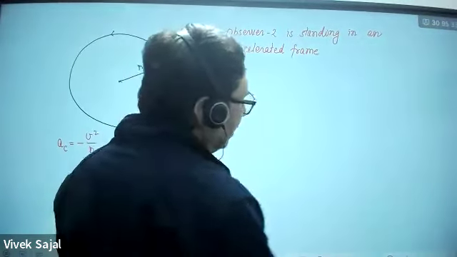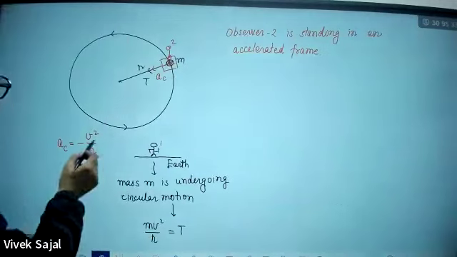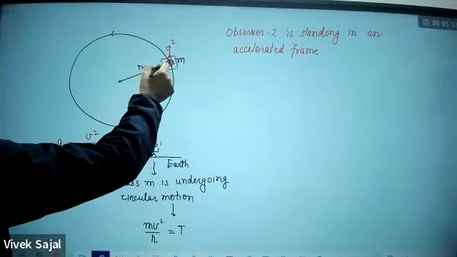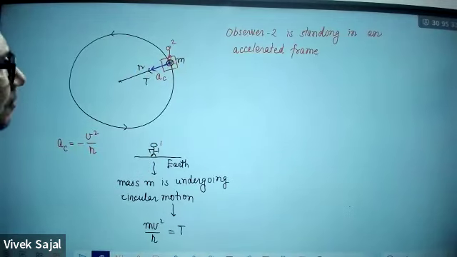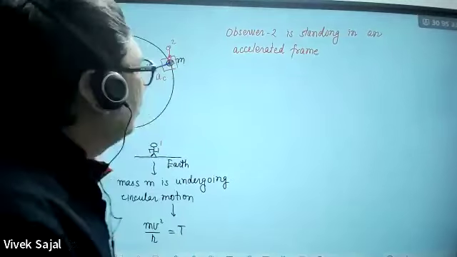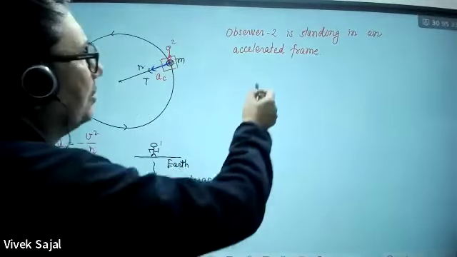Throughout its motion, a centripetal acceleration is acting inward. So this is always acting inward. That's why this is an accelerated frame.